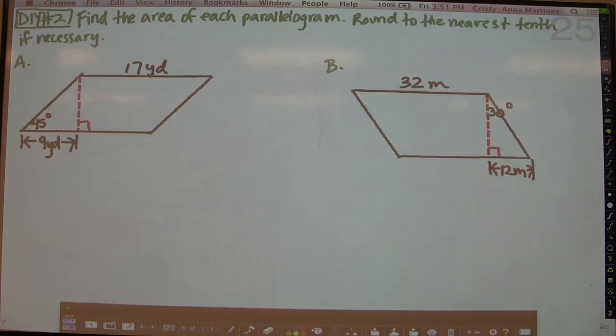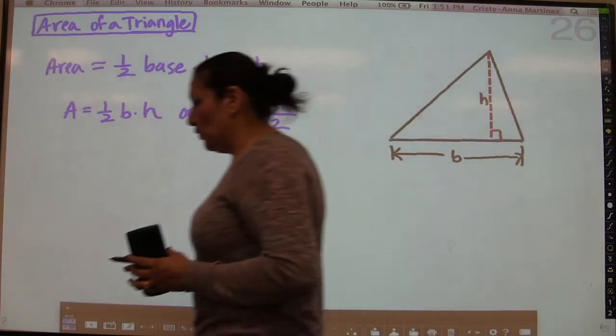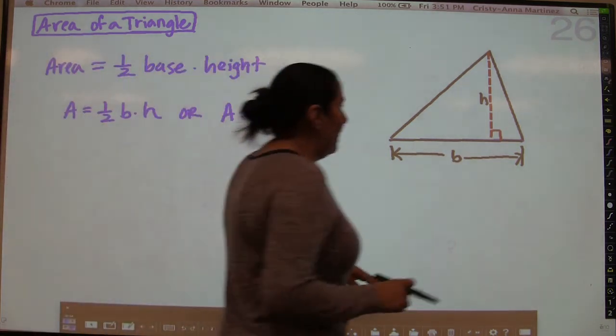So here we have do-it-yourself number 2, and then we're going to go to the area of a triangle, which again, I'm pretty confident that most of you guys know. But again, you can take part of a parallelogram and take two triangles.